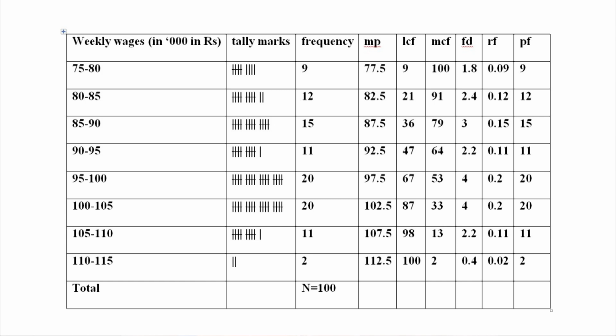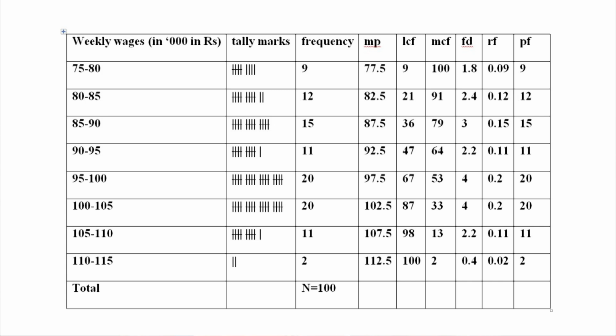Then 36 plus 11 is 47. Then 47 plus 20 is 67. Then 67 plus 20 is 87. Then 87 plus 11 is 98. Finally, 98 plus 2 is equal to 100. The less than cumulative frequency is as entered in column 5 of the table.